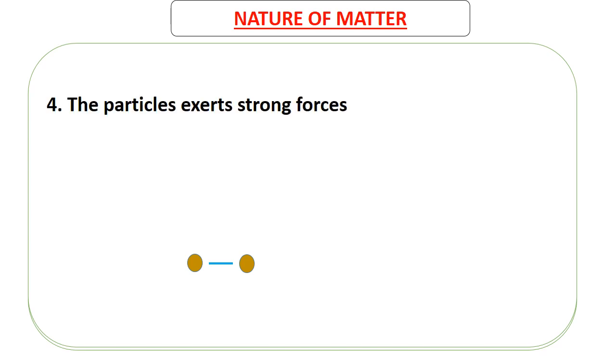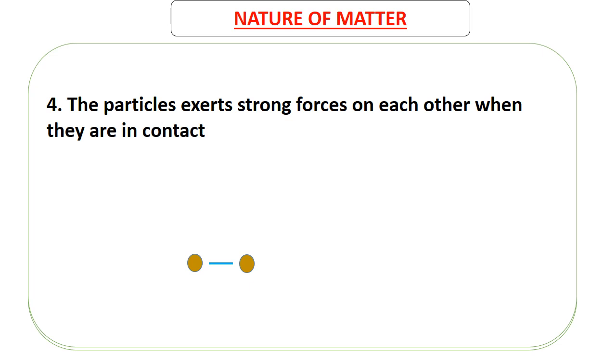The fourth postulate is going to be discussed using these two particles. So let's assume I've got these two particles in nature. Particles have forces in between them. So when they're in contact, they can either attract each other or pull each other closer, or they can repel each other or push each other away. So we can say the particles exert strong forces on each other when they are in contact.